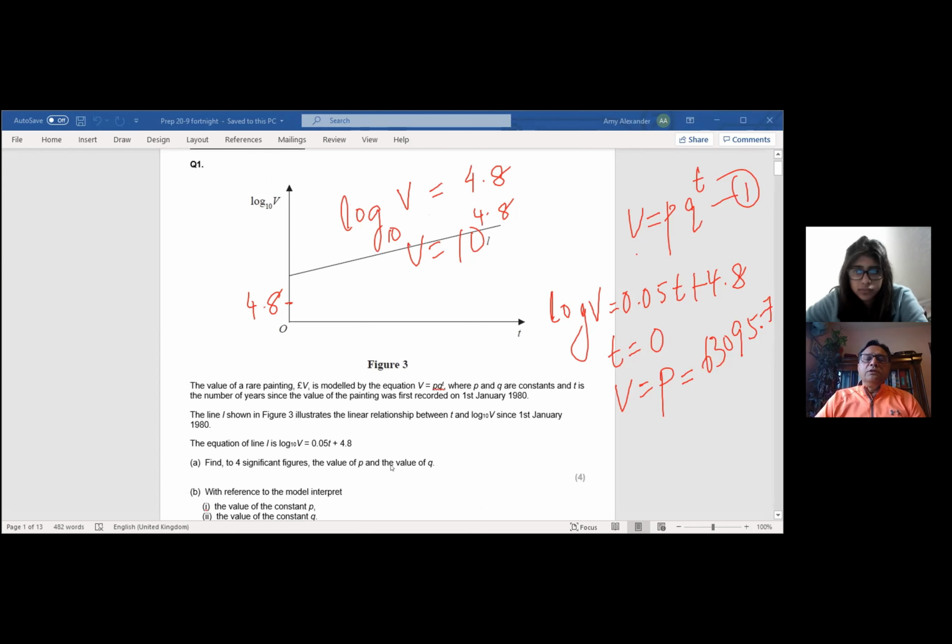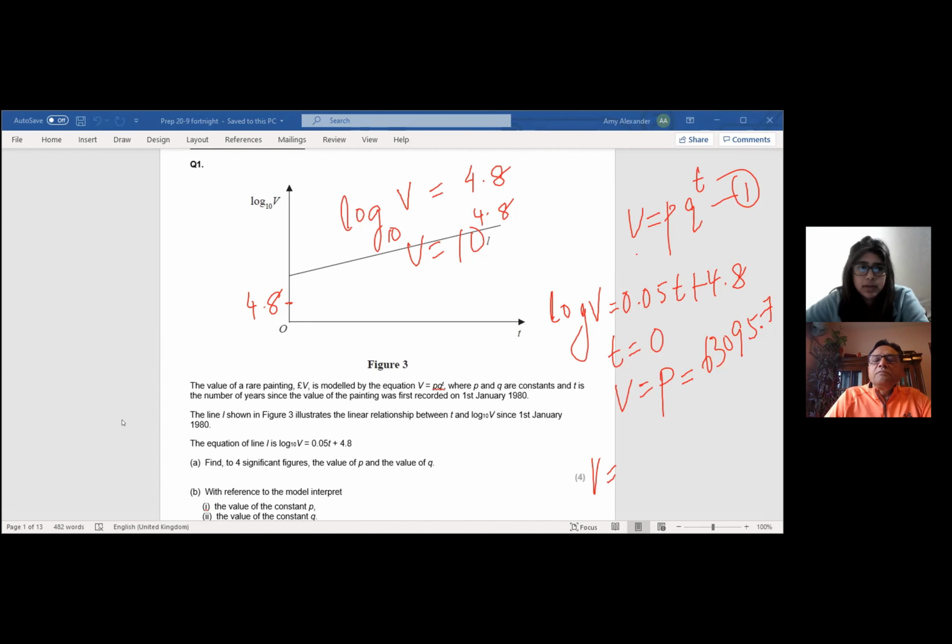Because you have the equation, you can put in some other value of T. Let us say T is the number of years since 1st January. Since it is a linear function, let's give some value, 10, for example.